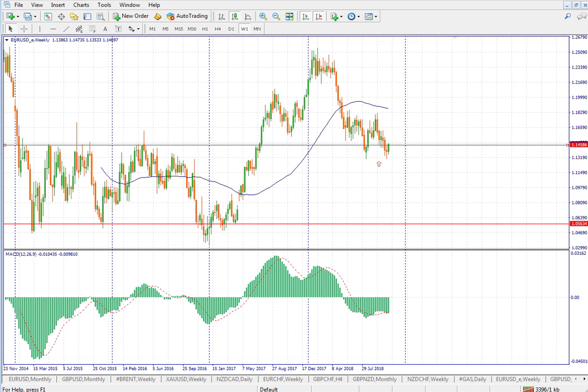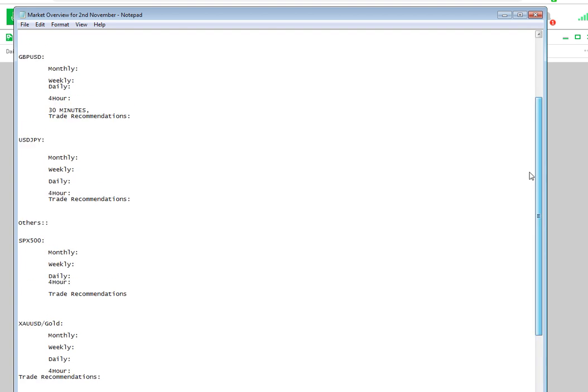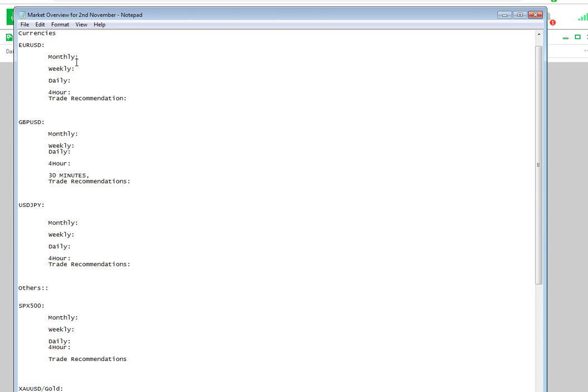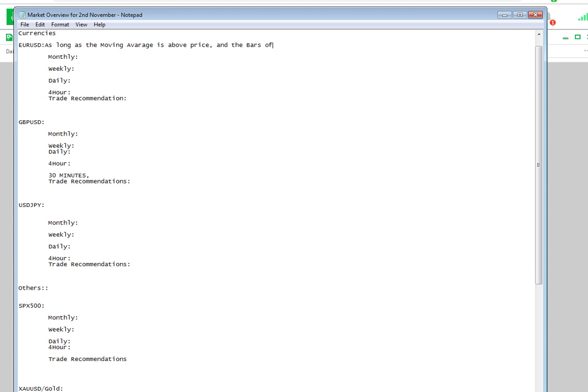So that is one thing we need to say: as long as the moving average is above price and the bars of MACD are below 0.00, we are downwards.